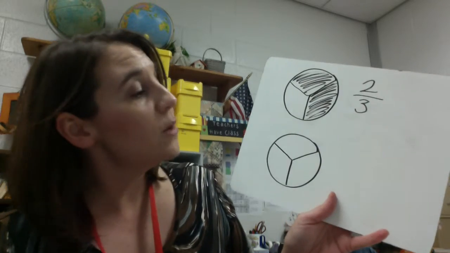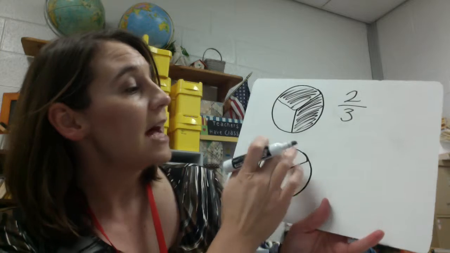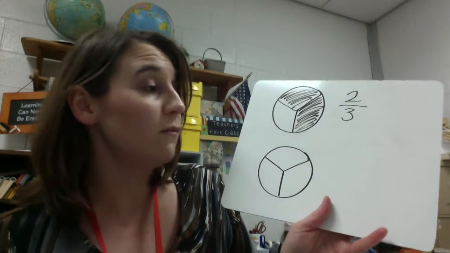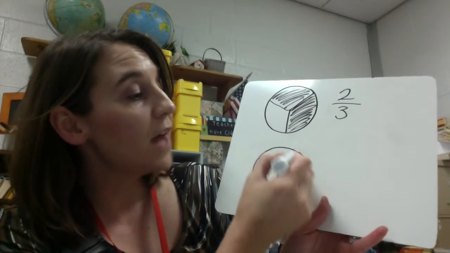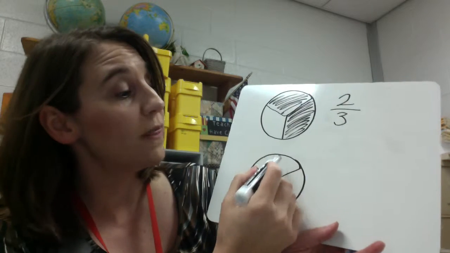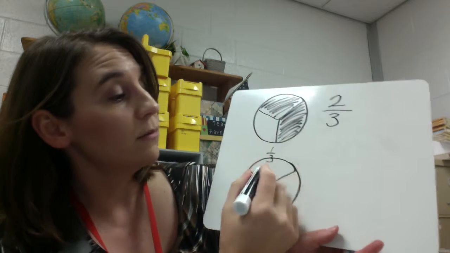Well, when I find equivalent fractions, as long as I take each unit fraction, remember we know that a unit fraction is 1 out of the whole amount. So in this case, the unit fraction is 1/3. We know I've got 1/3 here, right?